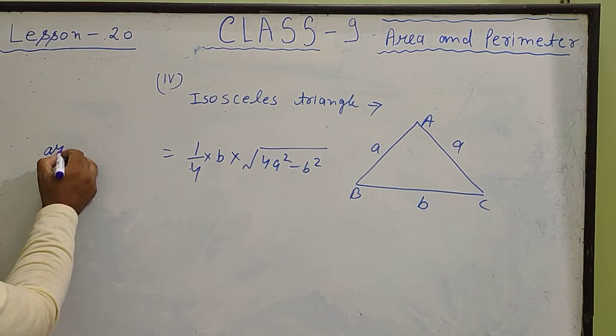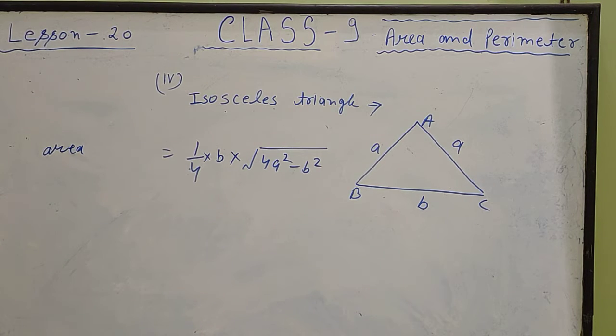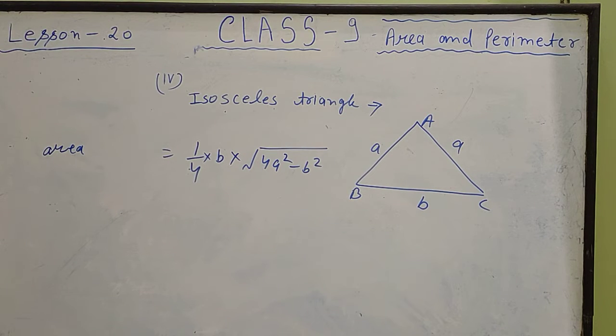Understand? So this is the area of an isosceles triangle. In an isosceles triangle, two sides are equal and one is different. So we can easily find the area of an isosceles triangle.